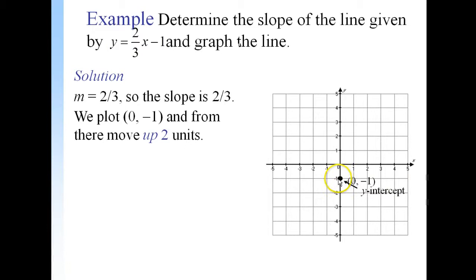So first thing you do, plot your y-intercept. Now they're doing it a little differently. They're going up 2. If that's the way you learned it, and that's good for you, fine. I always like to do my run first. If it's positive run, I go to the right. If it were negative run, I would go to the left.